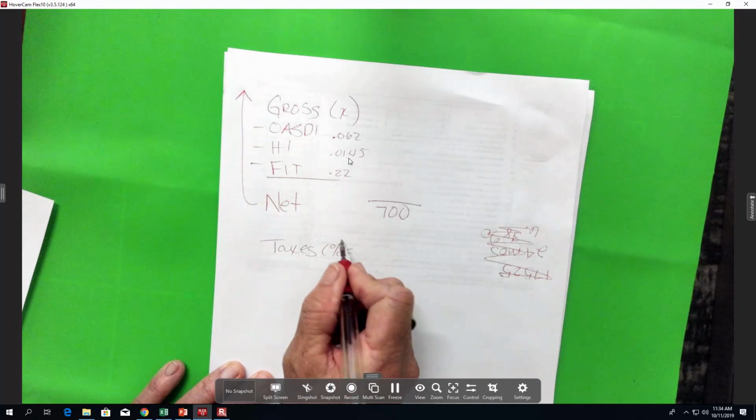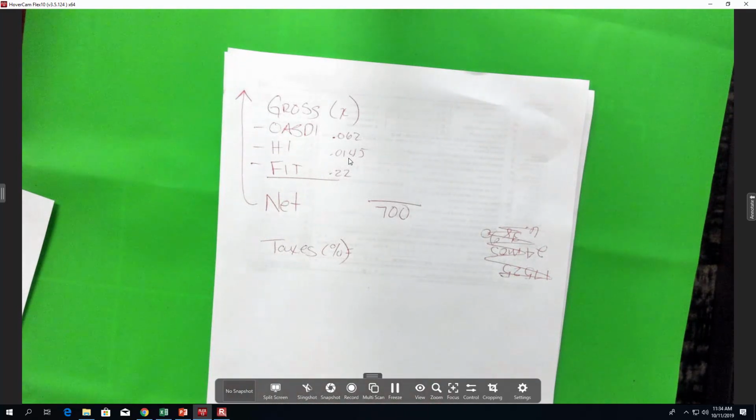What percentage do my taxes equal in total? Anybody? 29? Yeah.